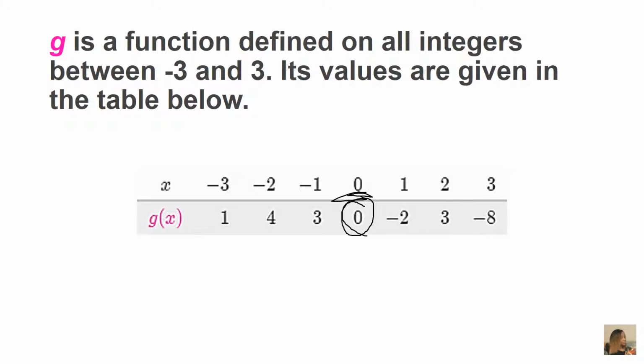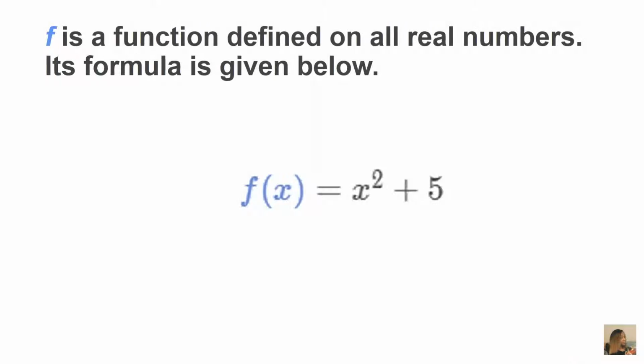Let's examine f of x. Now, f is a function defined on all real numbers, and the formula, again, we're given. So if we input 0 into f of x, we're going to get the answer 5.